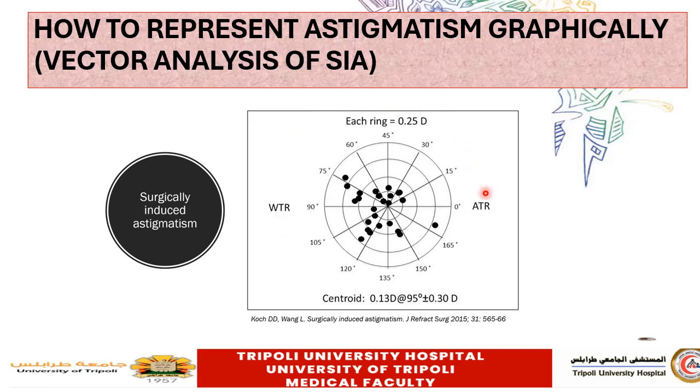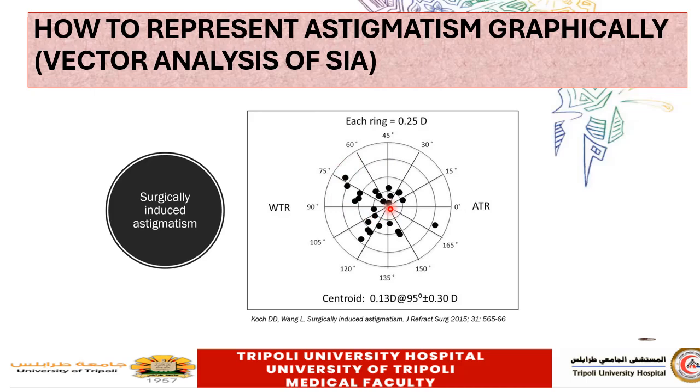This graph, as represented by Cox and his group, describes the residual predicted postoperative astigmatism in terms of centroid defect. By centroid, it means the value which represents all these graphic vectors, because astigmatism is represented as a vector.